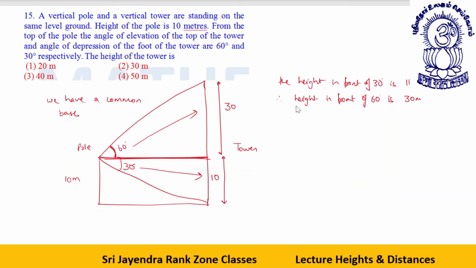So 10 meter and 30 meter, therefore done. Clear to all of you? Total height of tower is equal to 40 meter. I am sure this must be clear to all my dear students.